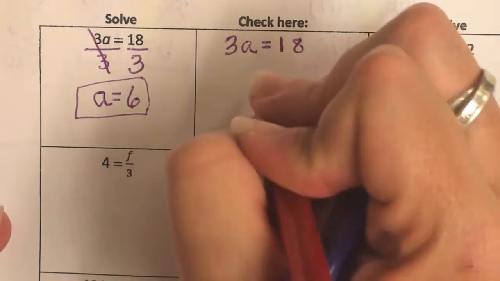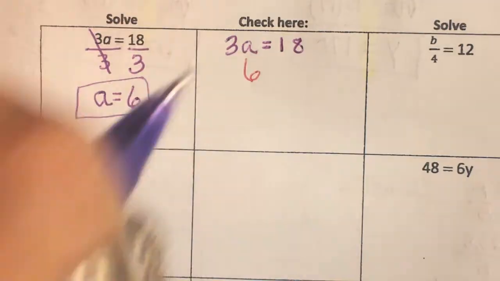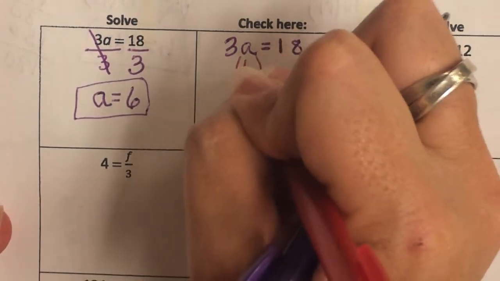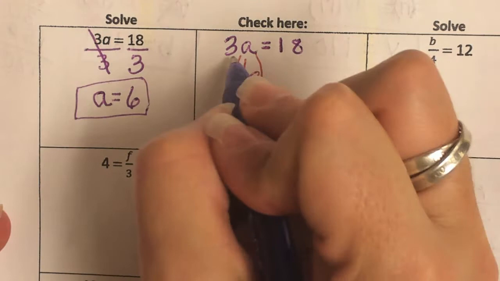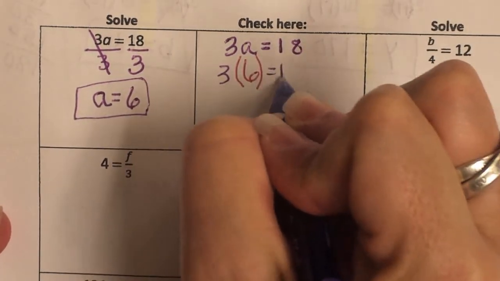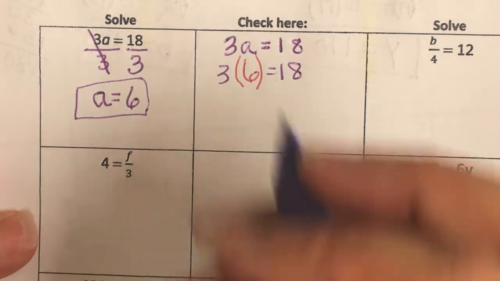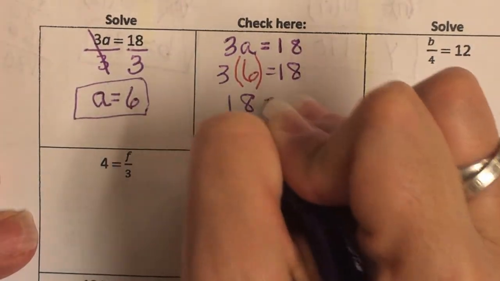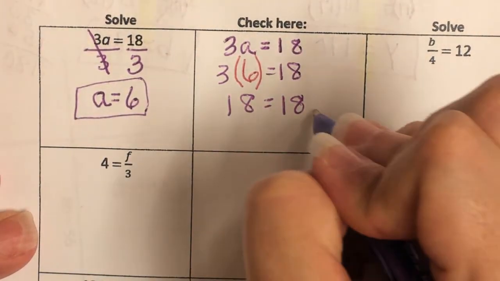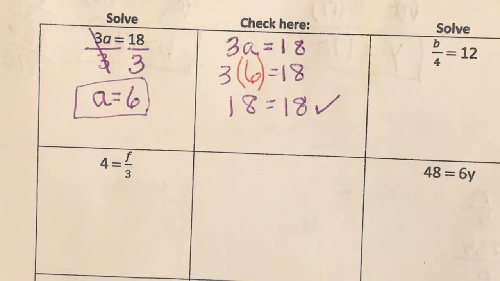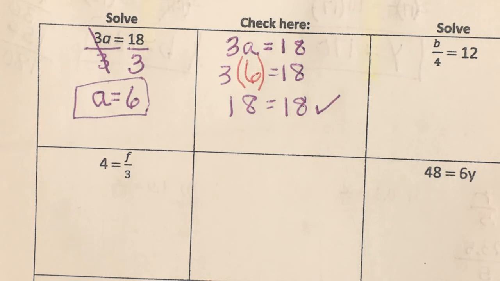So I'm going to go over here and I'm going to put a 6 right there. Okay? Then I'm going to copy the rest of the problem. And then I'm going to evaluate, what is 3 times 6? Well, it's 18. Is that side 18? Yes. I'm good to go. Listen, that is an example of the multiply that you got to divide to get the answer. You should be able to look at it and figure out how to do it later.